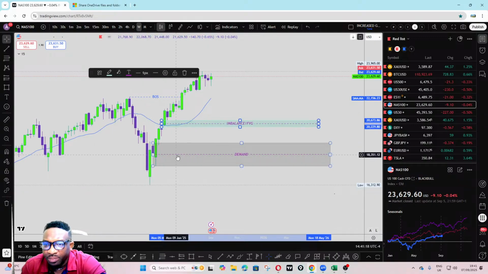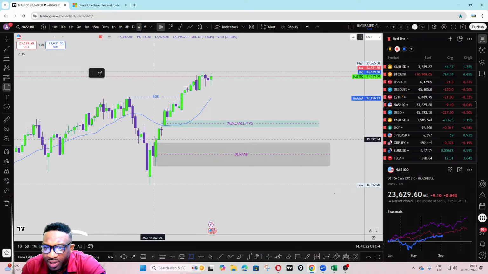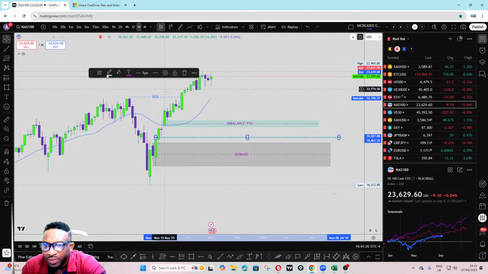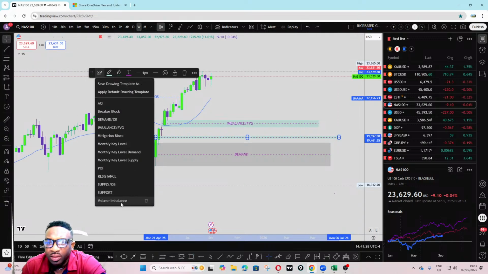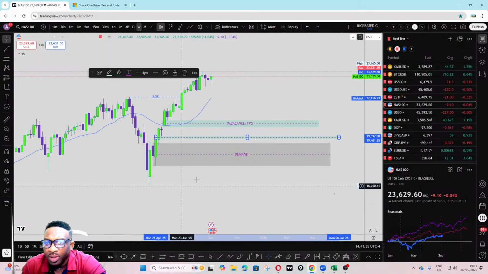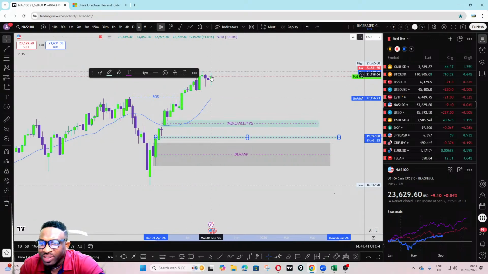Right there, imbalance, and also some imbalance right here, a tiny one right there, imbalance right there. Then another one right here. So these are potential areas that could draw price back to this zone as it has recently broken this structure.